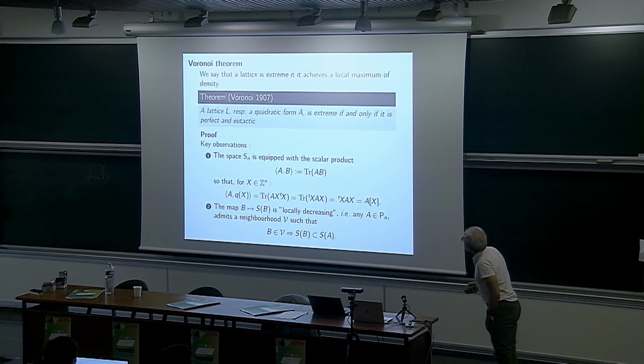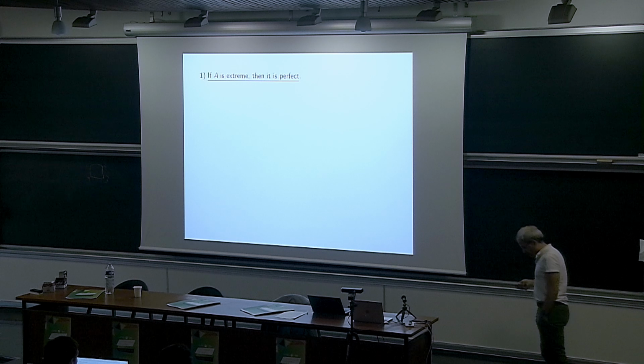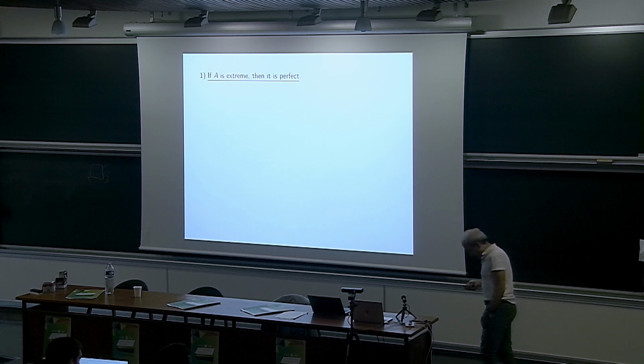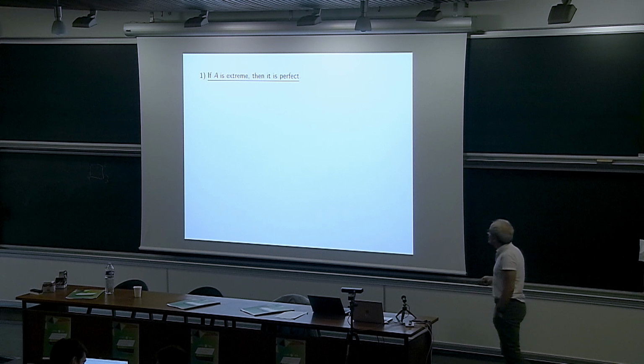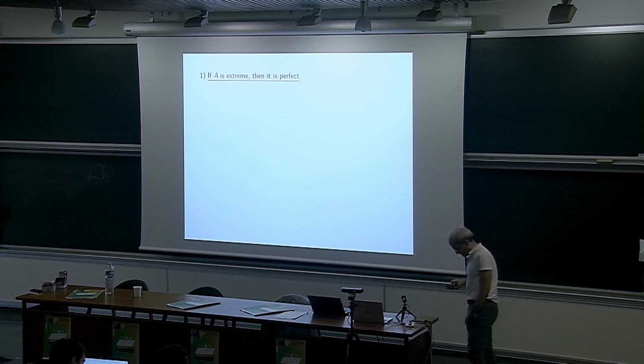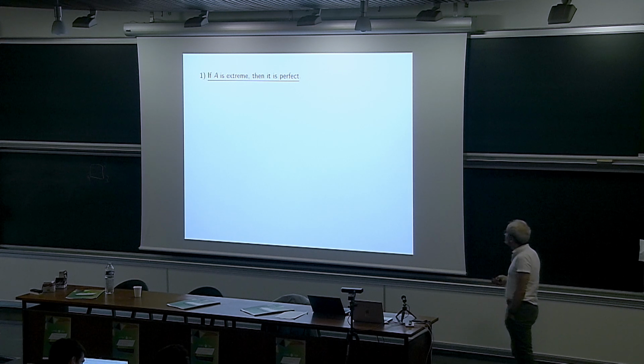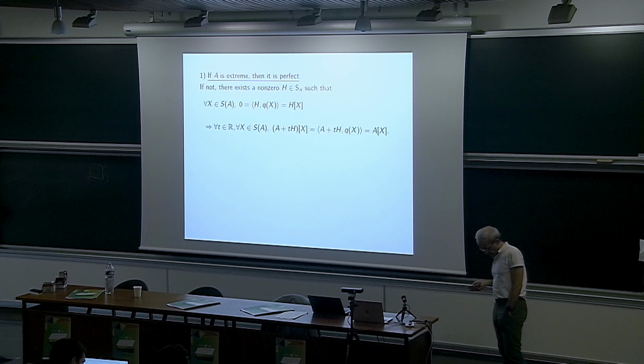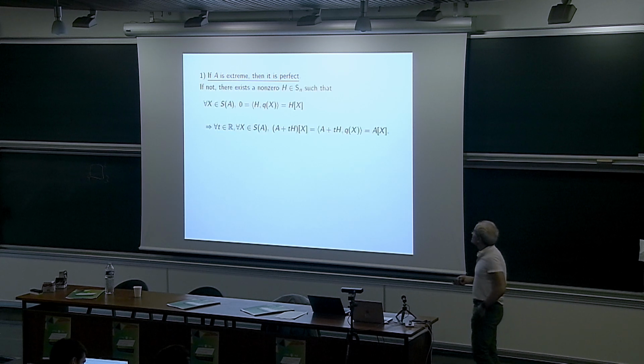So this is an if and only if, so there are two directions. I will first prove that if A is a local extremum for the density, then it is perfect and eutactic. So why is it true that locally densest lattice packings give rise to a perfect quadratic form?